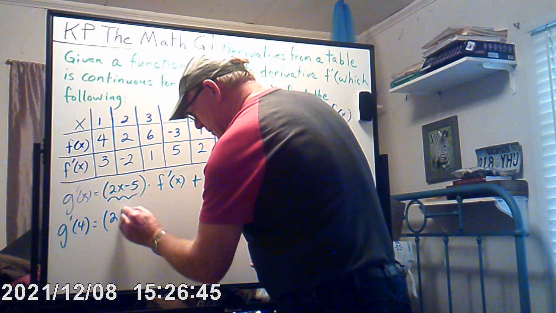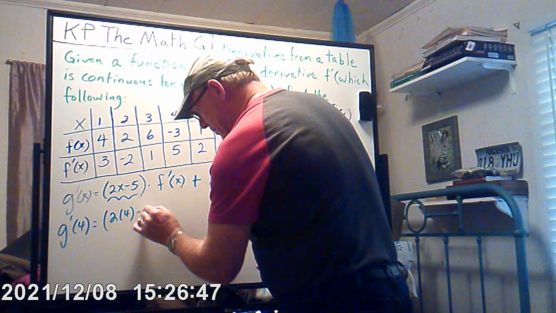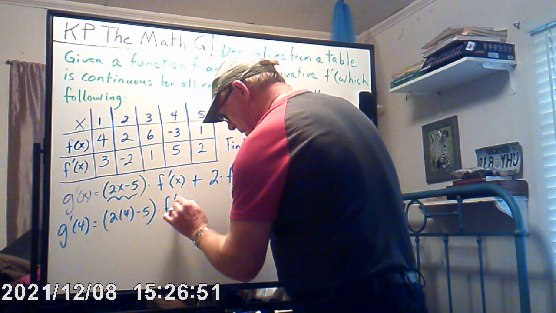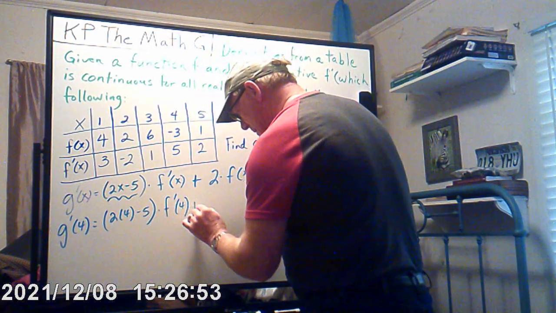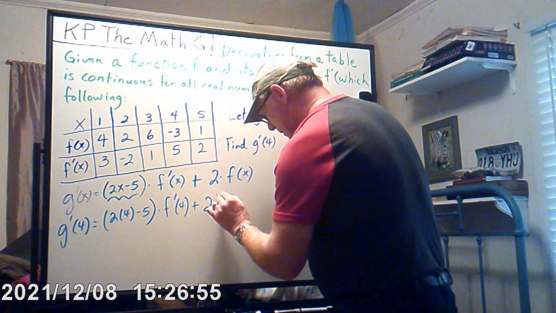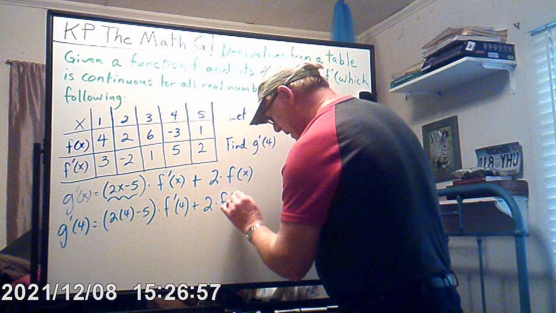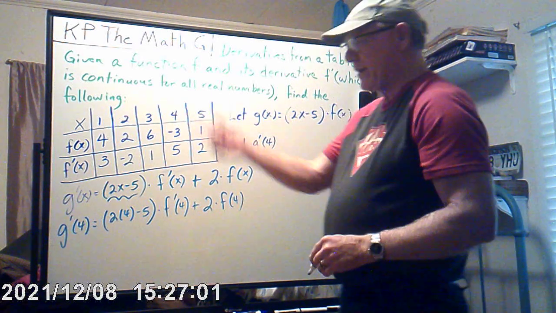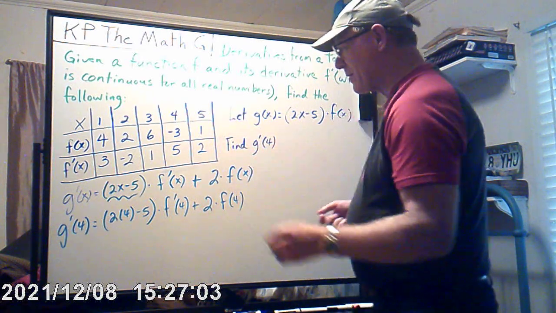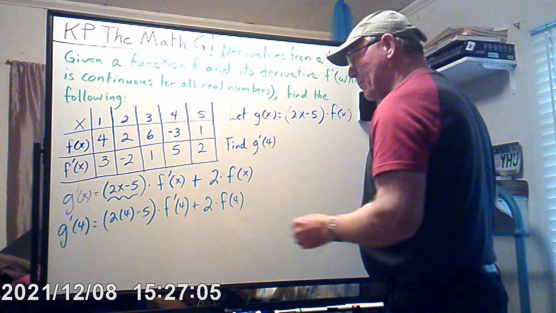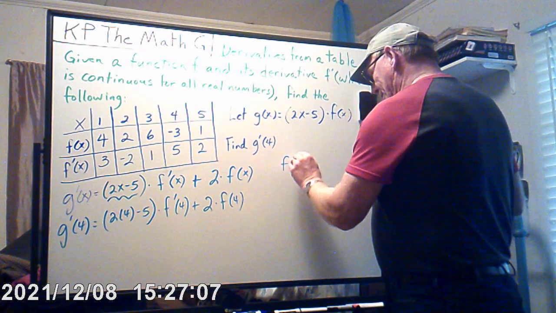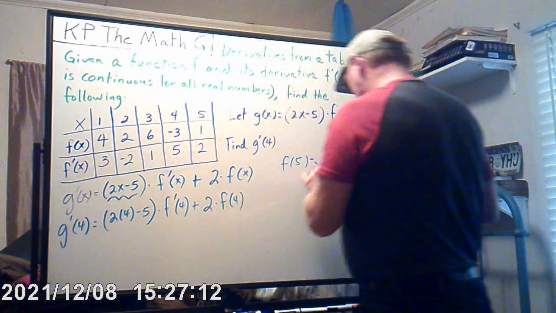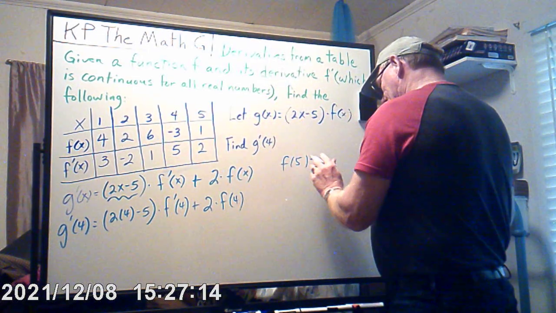So 2 times 4 minus 5, f prime at 4, 2 times f at 4. Now one way to remember how to do this table: if I wanted to say f at 5, that's just f at 5 is 1, equals 1, like that.